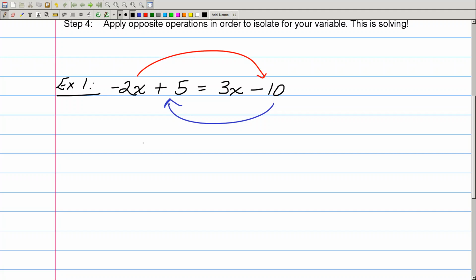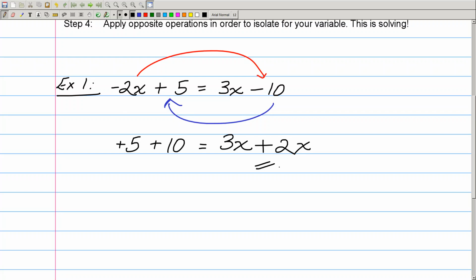So if I move the 10 over, it becomes +5 + 10 on the left side, because this changes to a plus on the opposite side. And then I get 3x + 2x instead of -2x. That sign changes. See how I've changed the signs here?